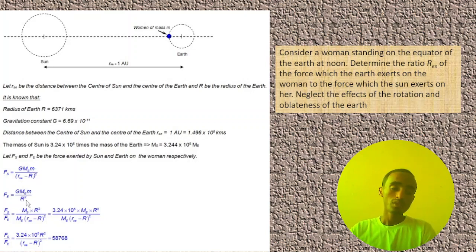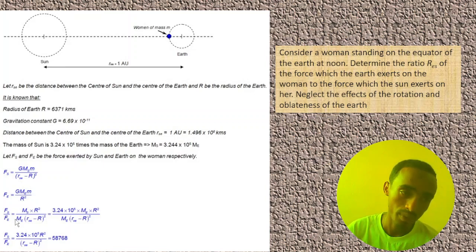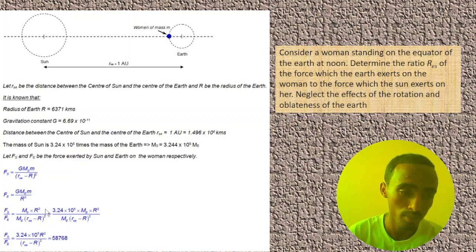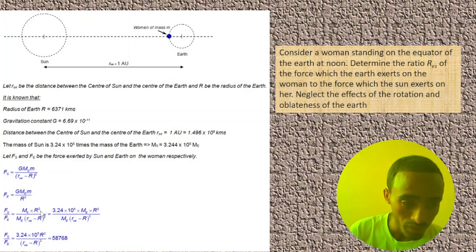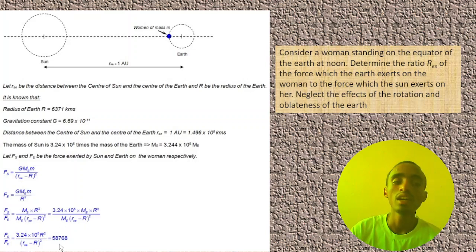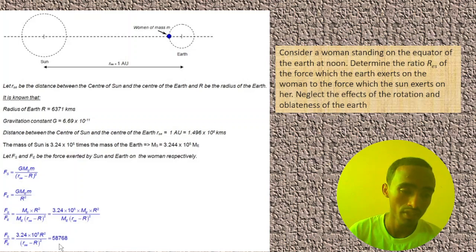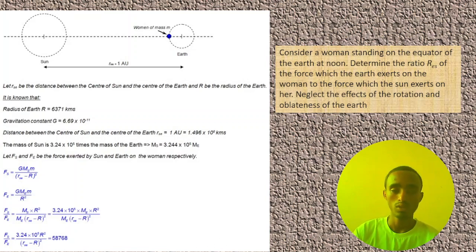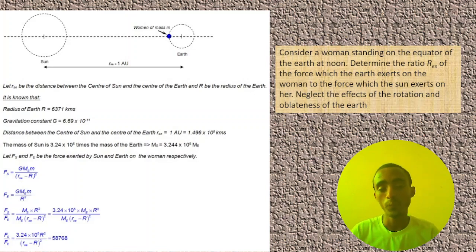The radius of the earth is also given, and we can simply take the ratio and cancel the terms that appear in both the numerator and the denominator of these equations, and finally we substitute the known values, and we will get 58,768. So the ratio of the force of the sun exerted on the woman to the force of the earth exerted on the woman is this value.